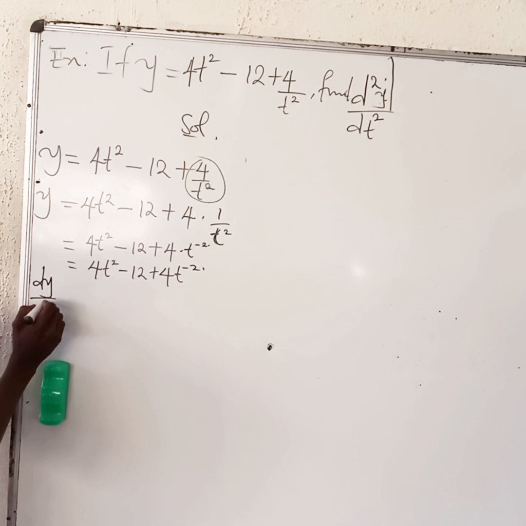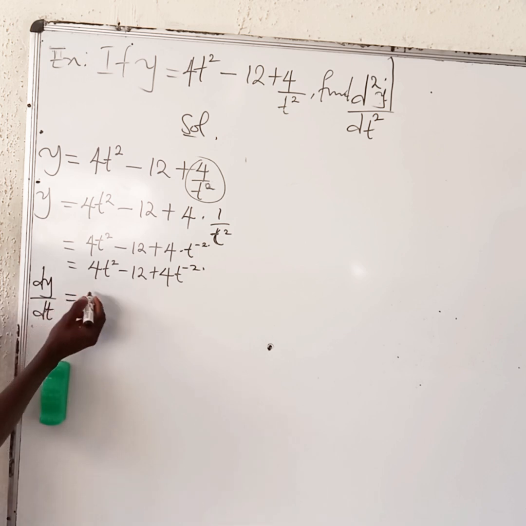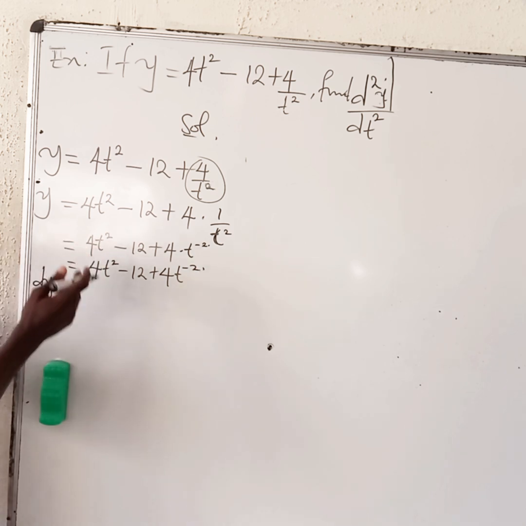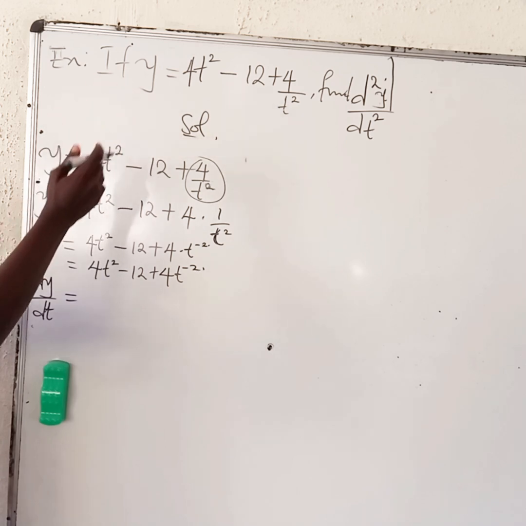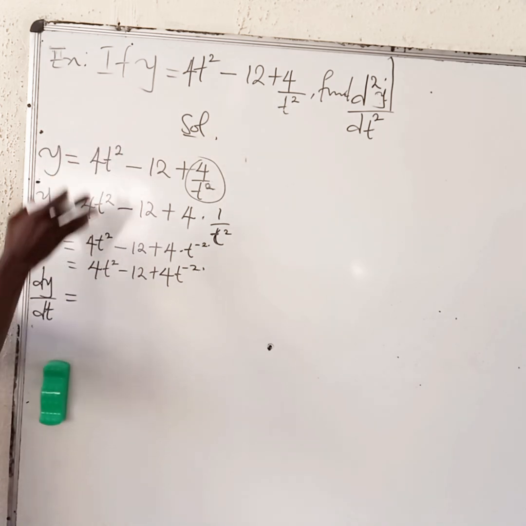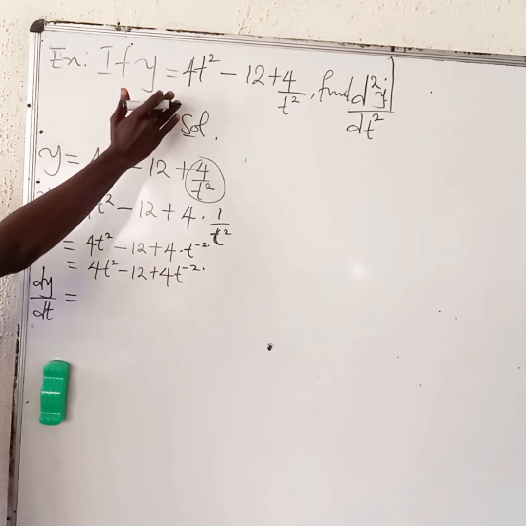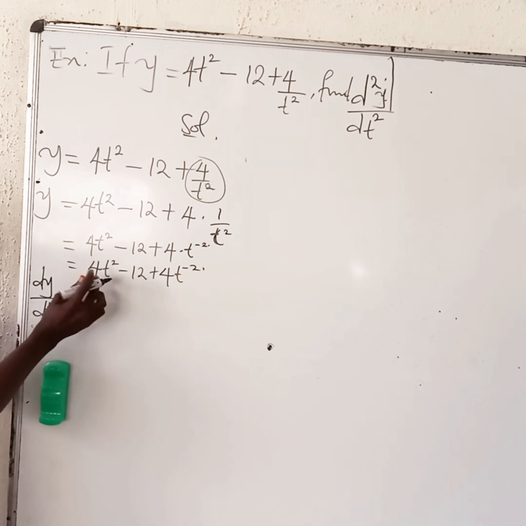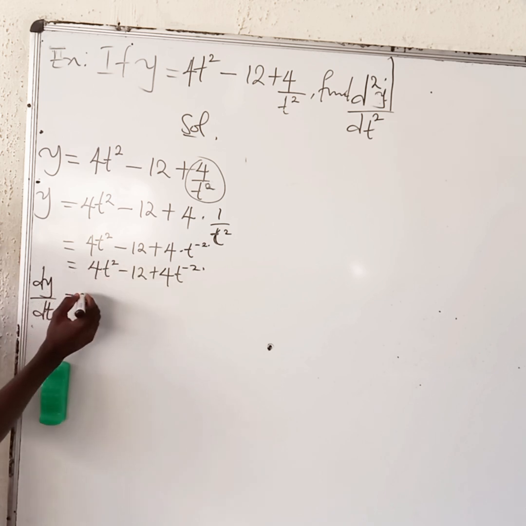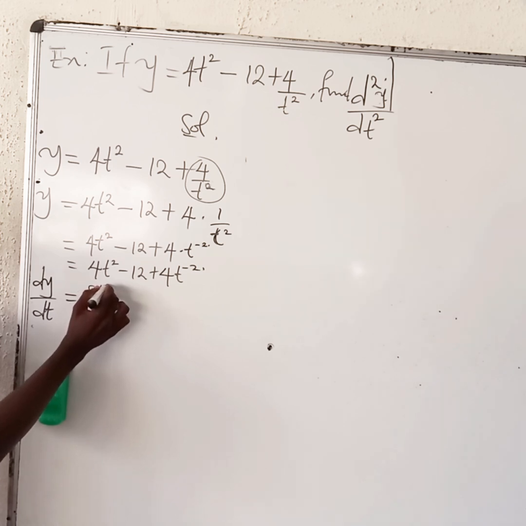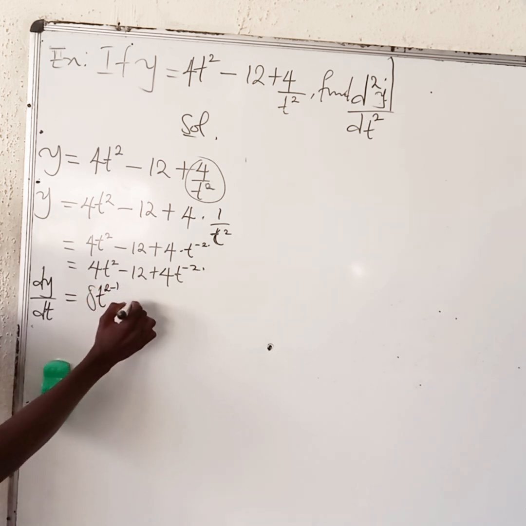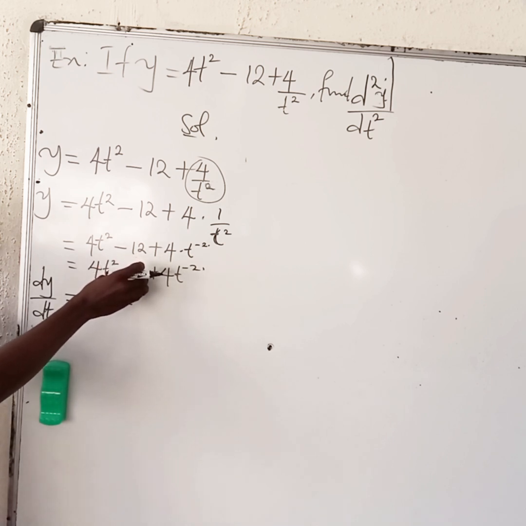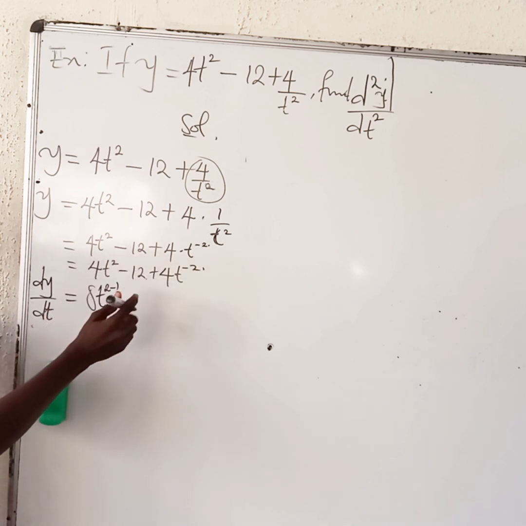So now you can find dy over dt. So dy over dt is now going to be using the general method. I've said earlier that whenever you are doing a question like this, if it is not specified, please kindly use the general method. So now this is my power. My power is going to multiply the coefficient of t, and the coefficient of t is 4. So we are going to have 8t raised to power 2 minus 1, minus 12, here is a constant, and the derivative of the constant is 0.